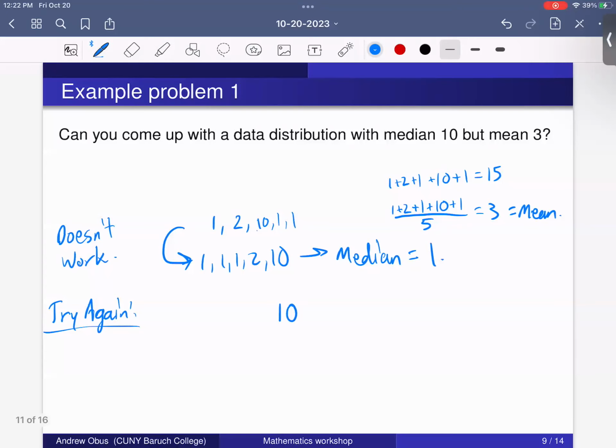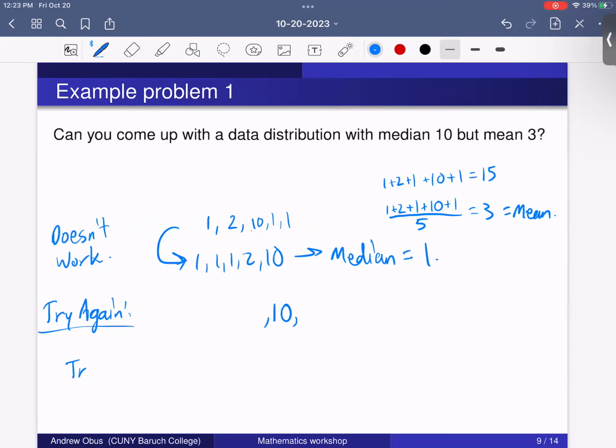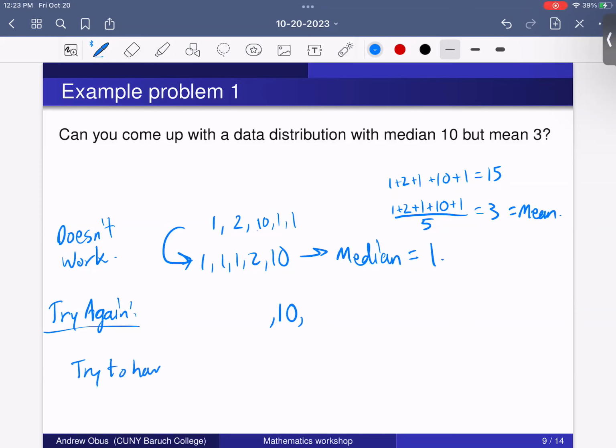So let's try again. Let's say we need to put something very small on the bottom and something big on the top. Let's try to have only 3 data entries, so 1 below the 10 and 1 after the 10.